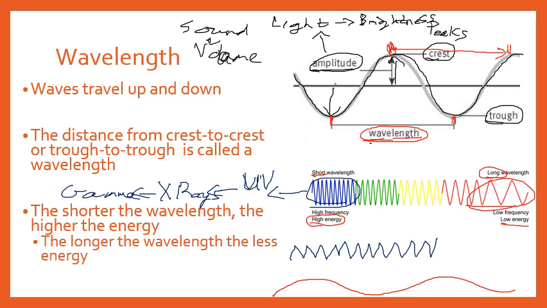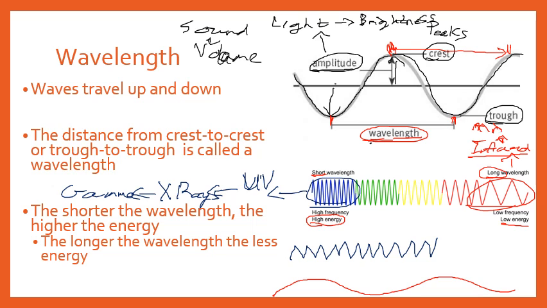The other direction, things that have less energy than red light would be infrared. This you probably know better as heat. Heat is just a type of light that's emitted from matter, and so it comes in the form of infrared radiation. Below that are microwaves.